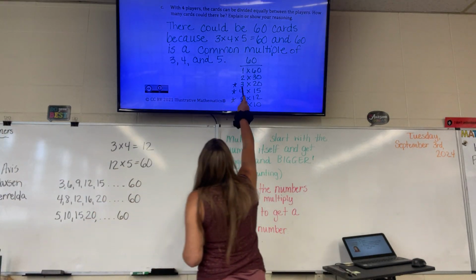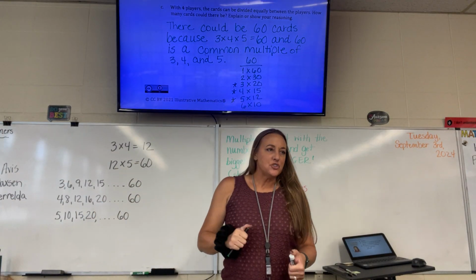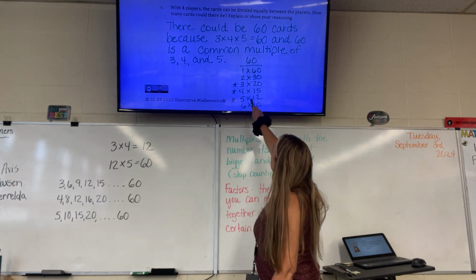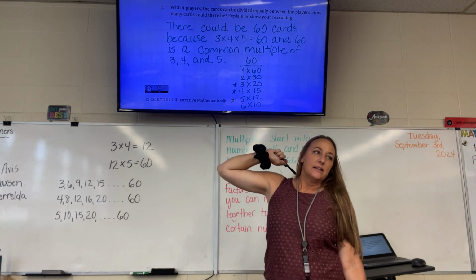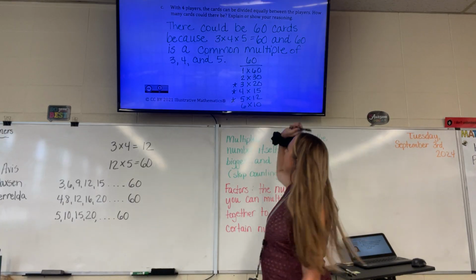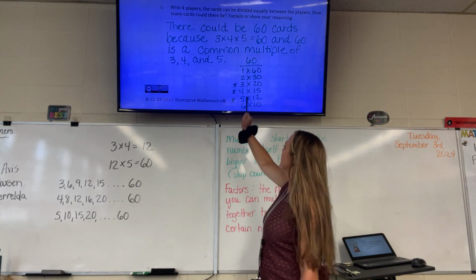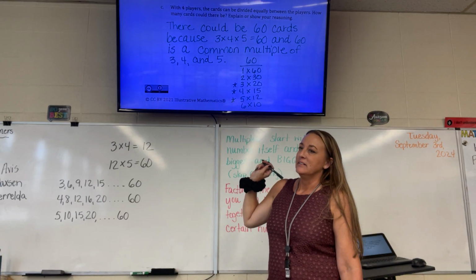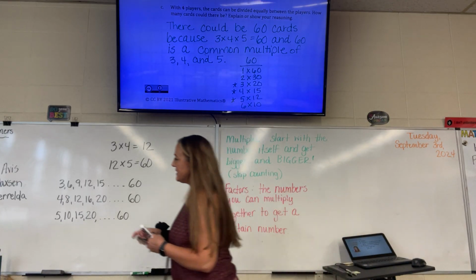So if there's 3 players, how many cards are they each getting? 20. If there's 4 players, how many cards are they getting, Zerelda? 15. And if there's 5 players, how many cards are they getting, Ari? 12. Okay, does that make sense?